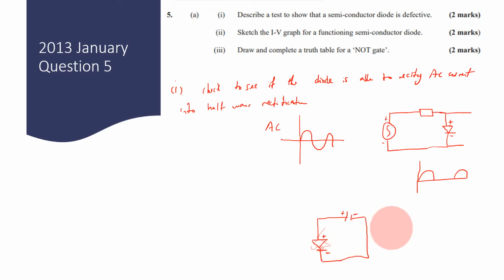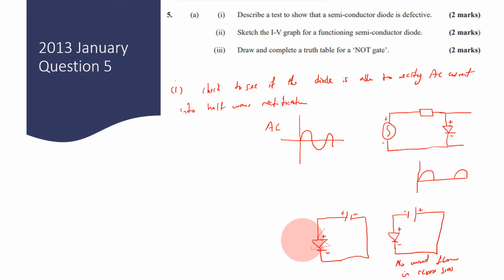We know it's not acting like a switch when it allows current to flow in both directions, meaning that if I were to change the polarity of the battery, with negative here and positive on this side, and current is still flowing in the way the circuit is set up, then this will tell us that the diode is defective, because no current should flow in reverse bias.